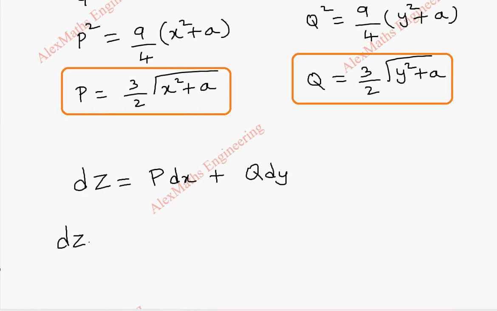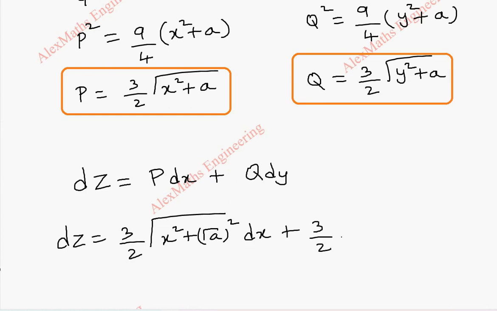So dZ will be 3 by 2 root of this, we are going to rewrite as root of x square plus root a whole square, so that we can apply the formula. We have dx. In the same way, this is 3 by 2 root of y square plus a, written as root of y square plus root a whole square dy. Now we go for integration.